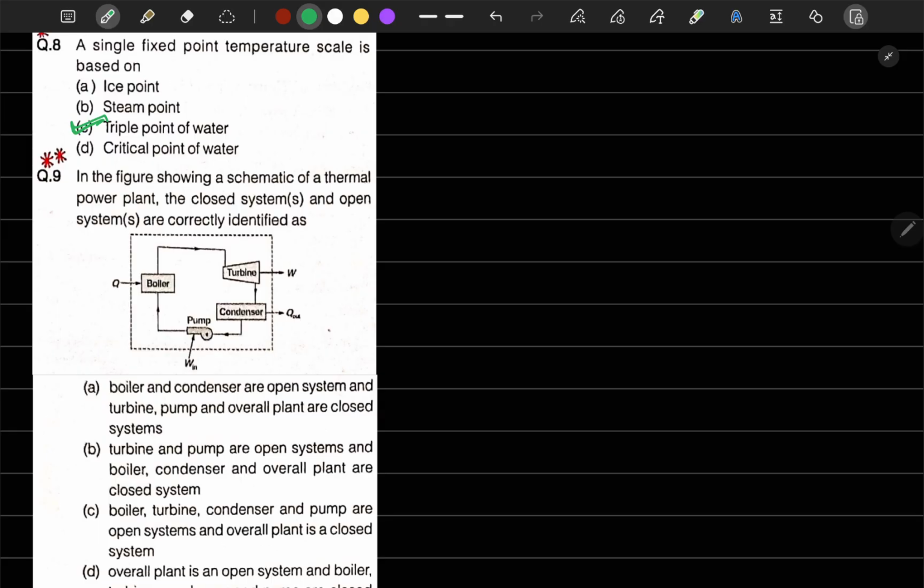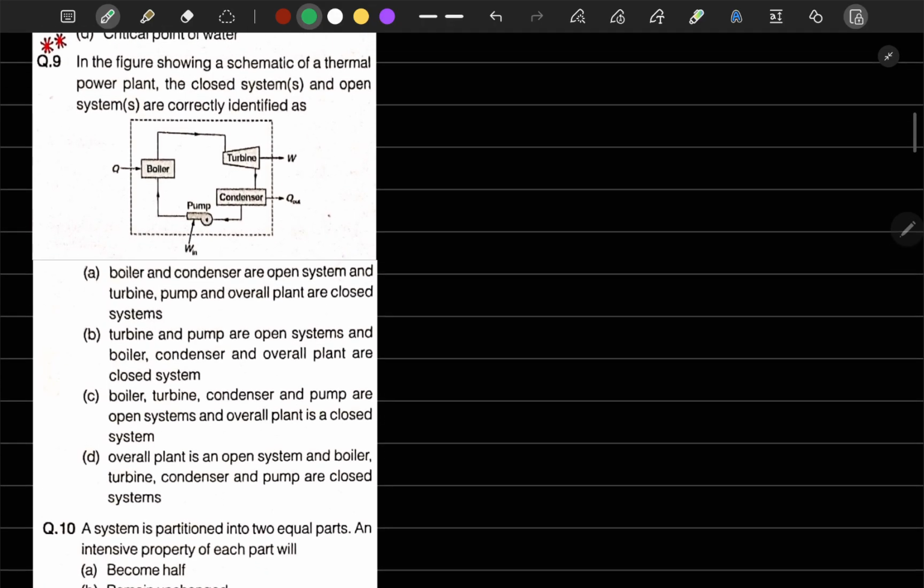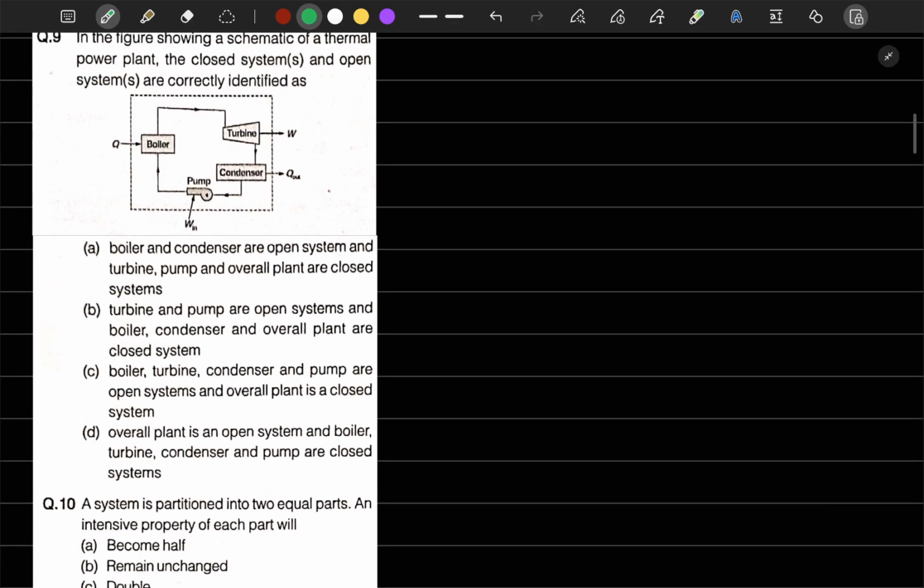Okay. Next, in the following schematic of a thermal power plant, the closed systems and open systems are correctly identified as. Okay, so here this is the total thermal power plant layout.